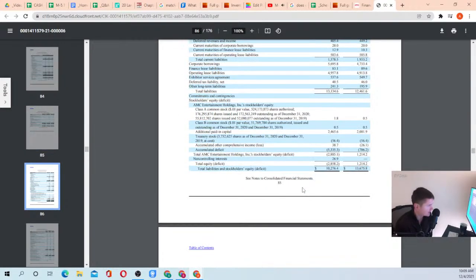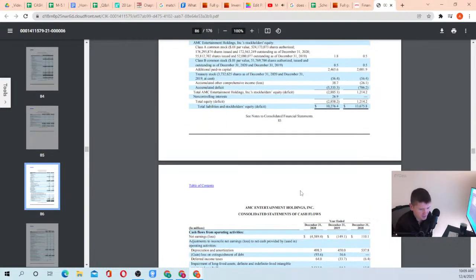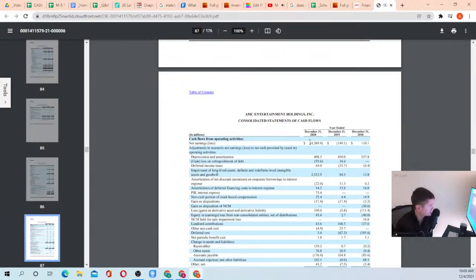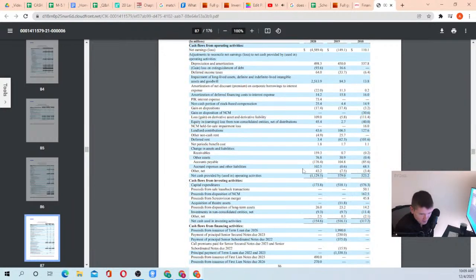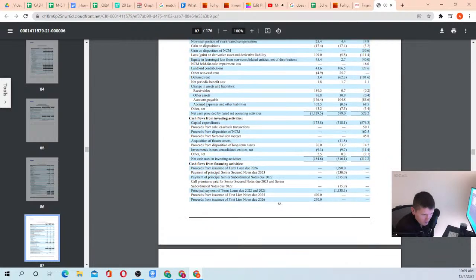So from a cash flow perspective, things weren't that bad for AMC. They also have some investing cash outflows, because to keep their business running, they have to renovate the cinemas, they have to make some capital expenditures, but they tightened their belts and they didn't spend much on that.